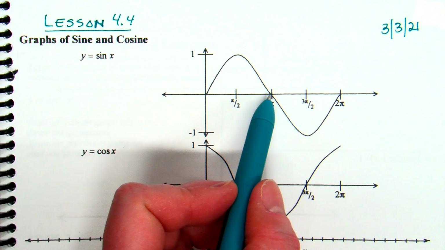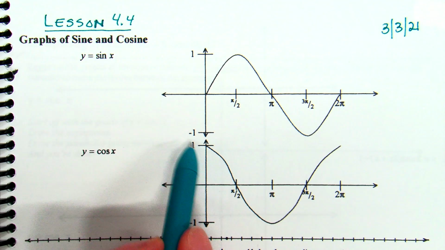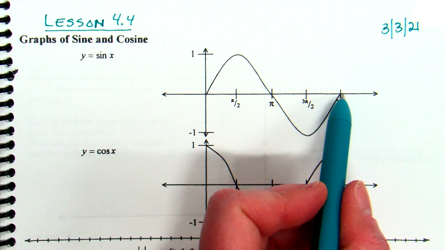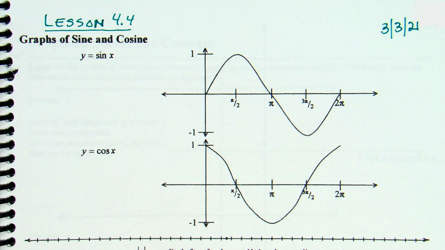Then it continues down, has a minimum at 3 pi over 2. And notice that minimum is at negative 1. And then it goes back up and cuts through 2 pi. What you are looking at right here is a cycle of sine x. Now, you keep going after that is the idea.